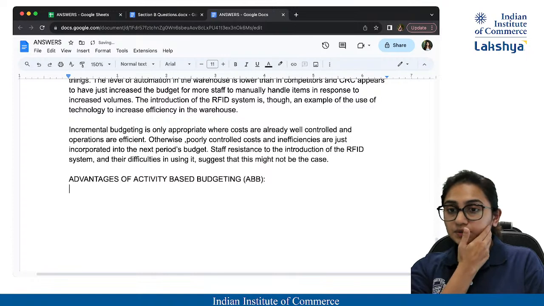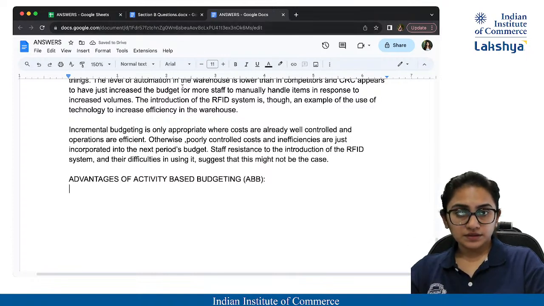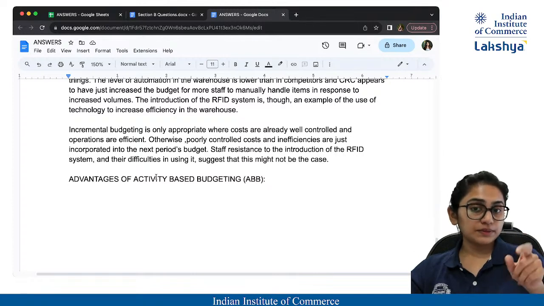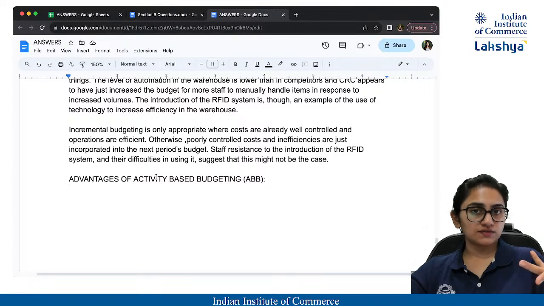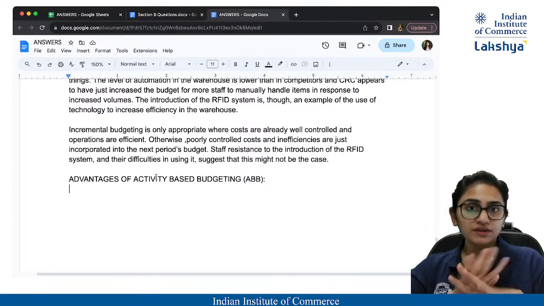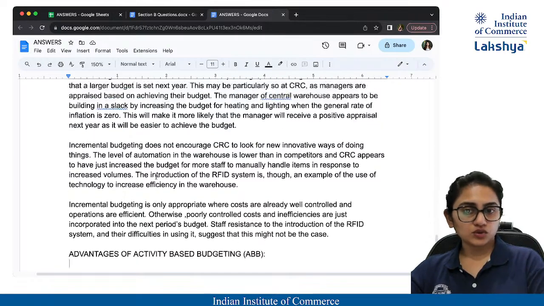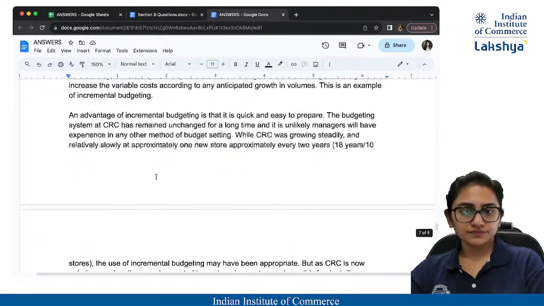So before we begin with the advantages of ABB, this is a pretty independent question. You don't even need to look at the question for this part, because you have to give them the advantages and disadvantages. The question doesn't give any advantages or disadvantages, so you have to write them yourself. So this is an independent part.